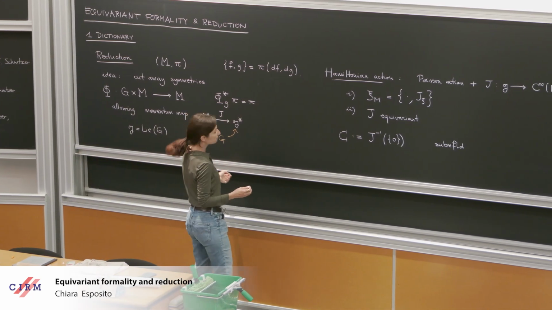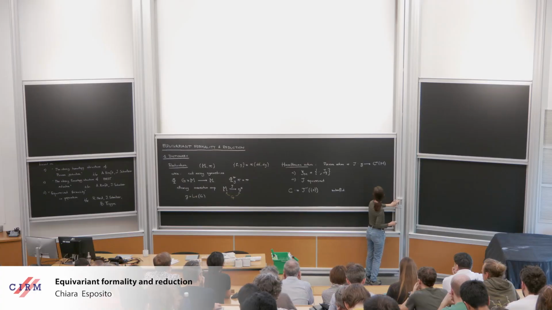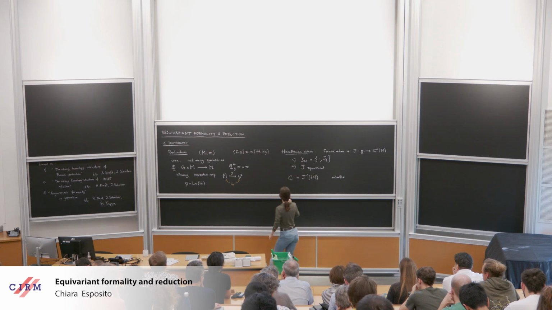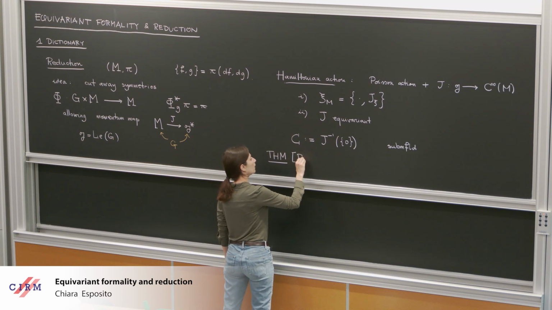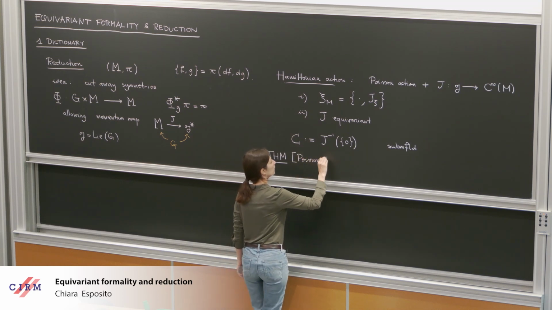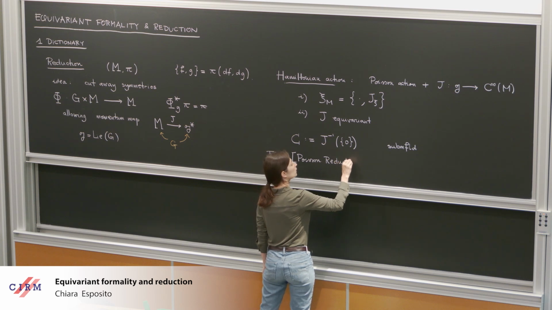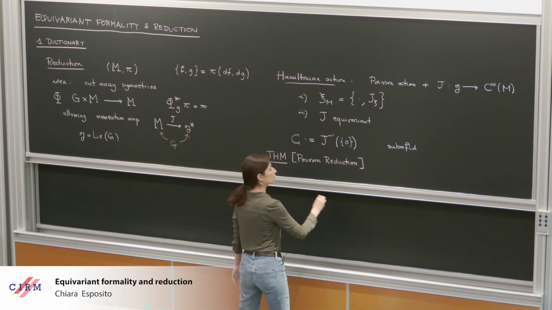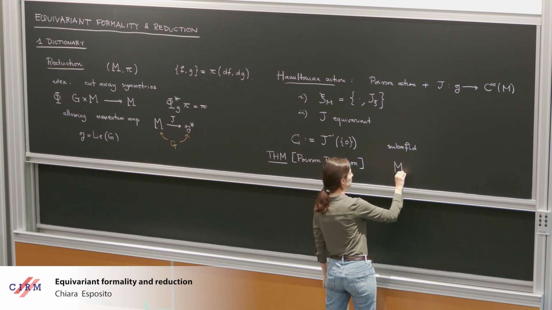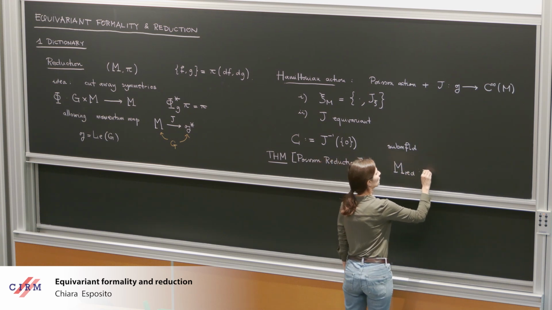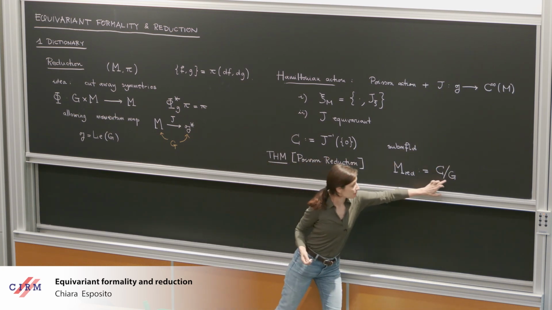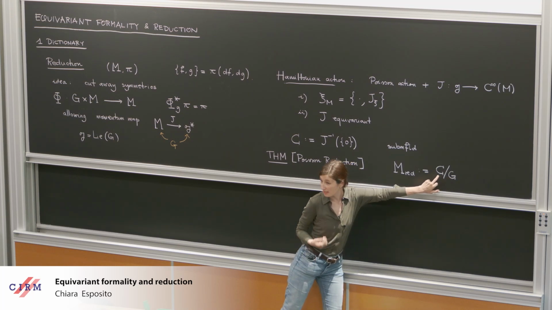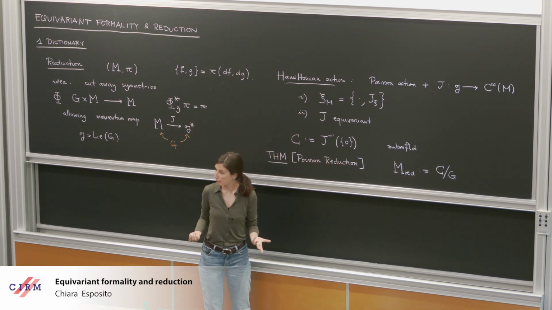So, theorem: if I now consider the following orbit space, I can really consider this orbit space because G acts canonically on C. This really comes out of the fact that J is equivariant. So this is not only a manifold, but it's a Poisson manifold.